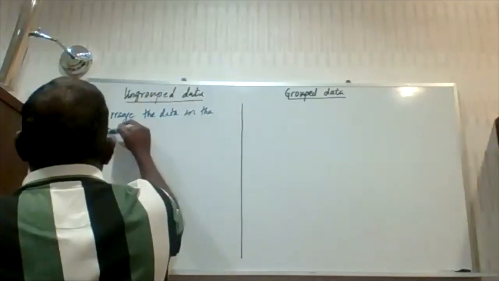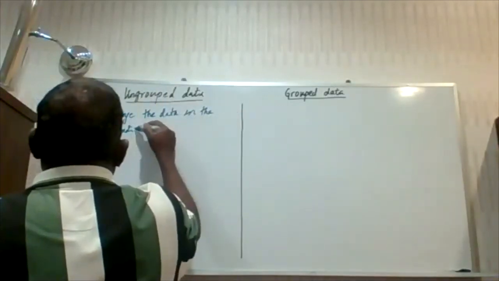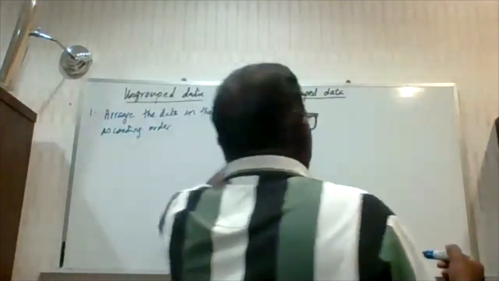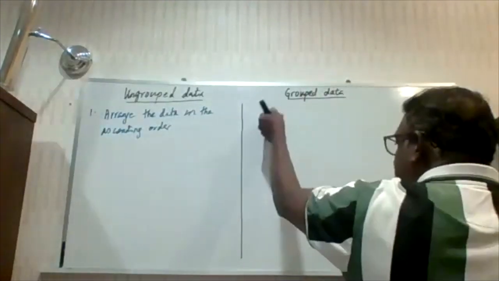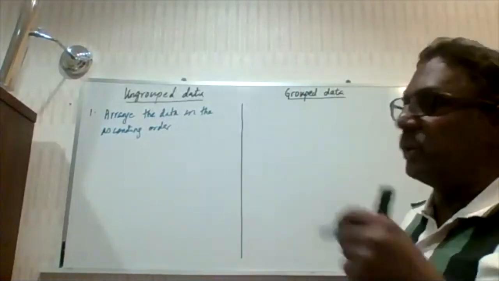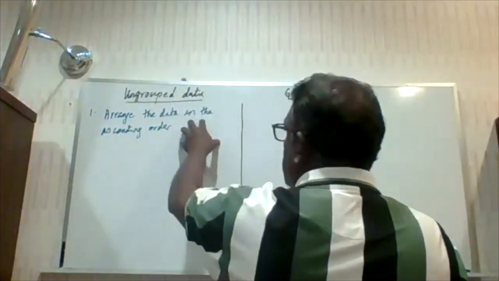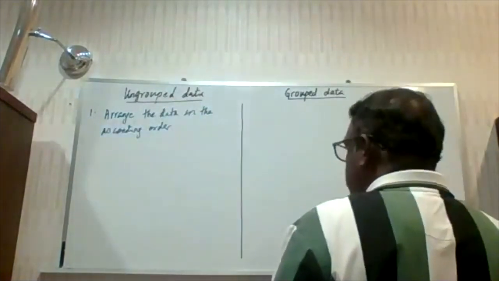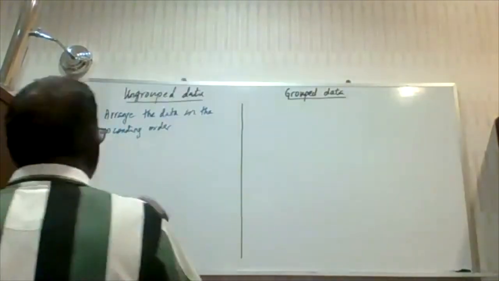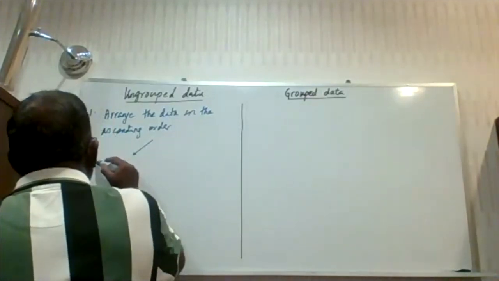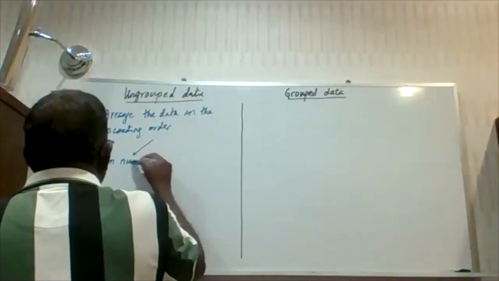When you group the data, you are already arranging it in ascending order, so you don't need to redo it. Whereas here, it will be randomly arranged, so you have to rearrange it in ascending order, so that you don't forget. Then you need to know that your ungrouped data can have an even number of data.